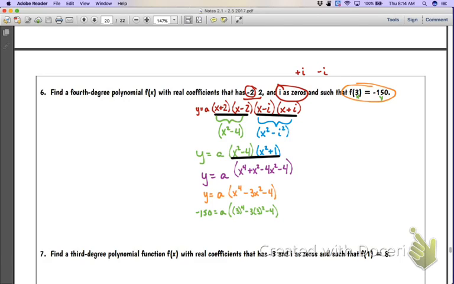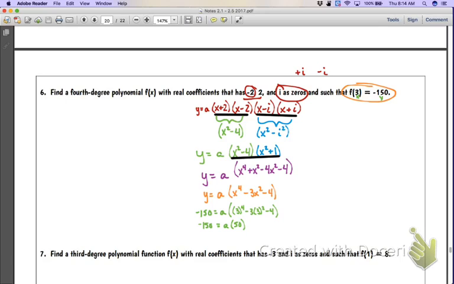So 81 minus 27 minus 4. I have a, so I have negative 150 equals a times 50. So what's my a value?